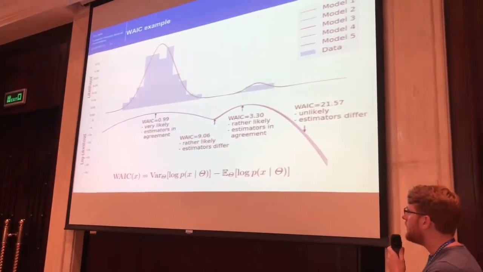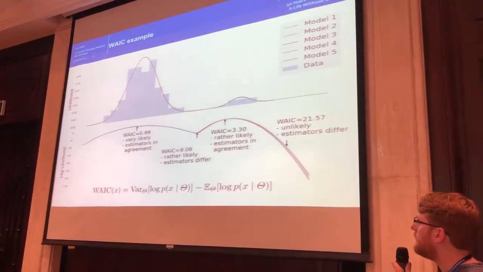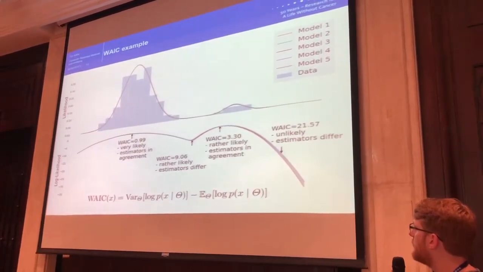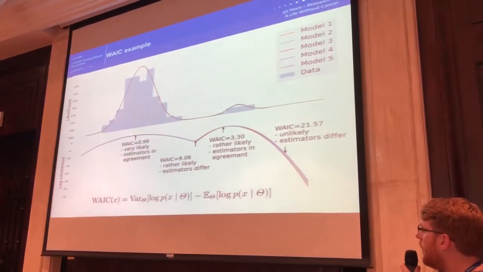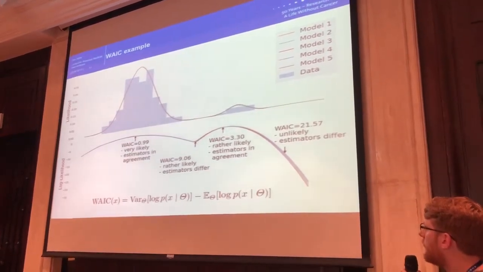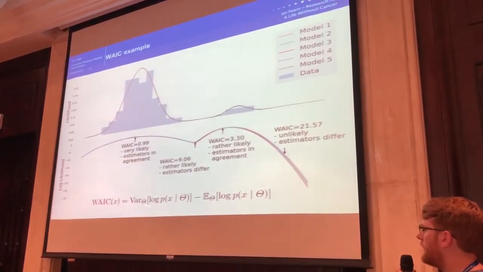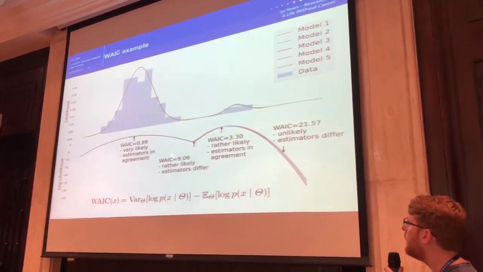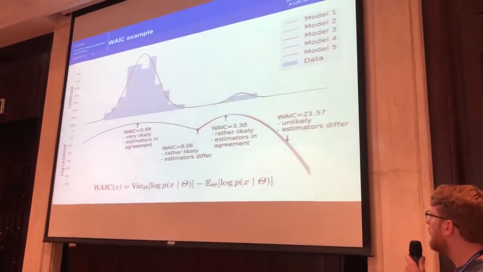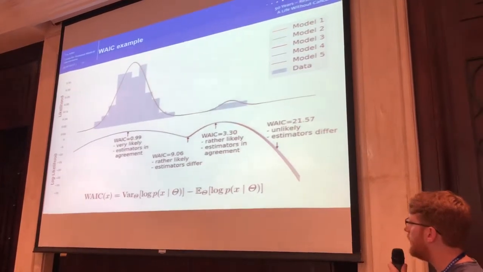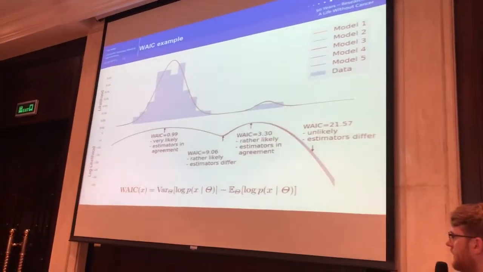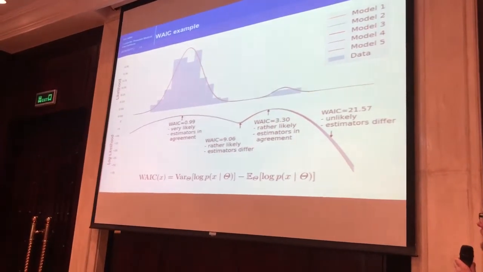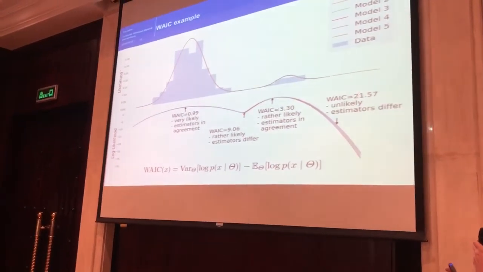And now the idea basically is that when you're in the clusters, so this large mode and the smaller mode, basically all the models agree, and so you have very low variance in this first term. Whereas when you're between the modes, and especially in the tail, the models really start to differ, and this difference is then picked up in this variance term, and the WAIC value starts exploding.